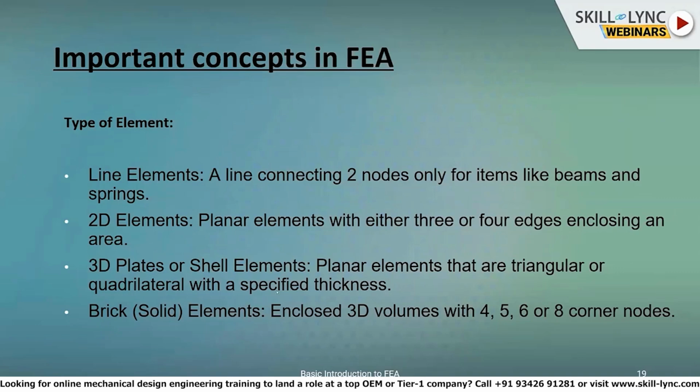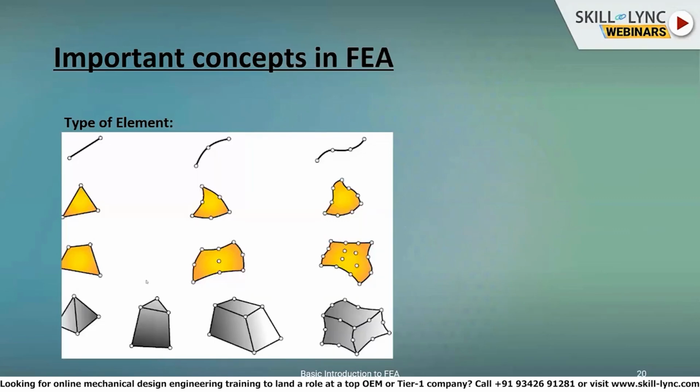And the 3D elements are the planar elements that are triangular or quadrilateral with a specific thickness. And the brick element. 3D plate element, 3D shell element, and 3D brick element like enclosed 3D volume with 4, 5, 6, or 8 corner nodes. So these are the different types of elements.